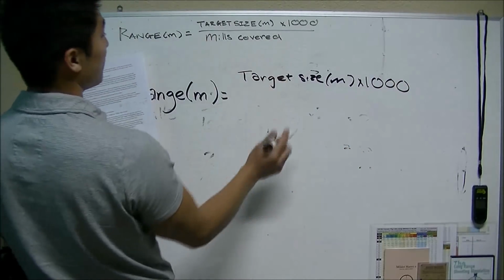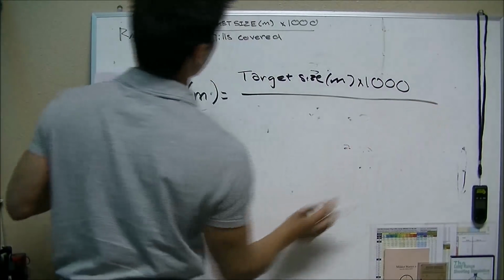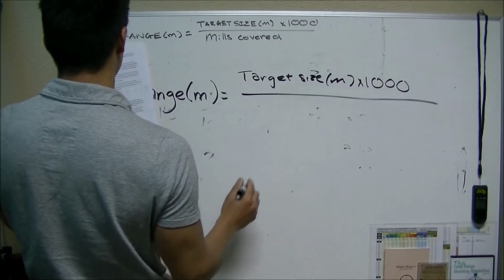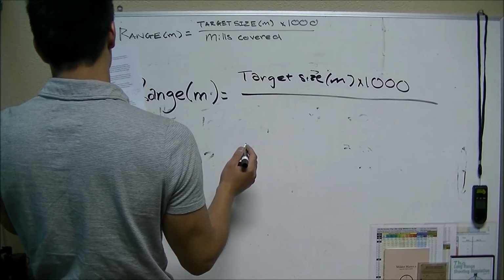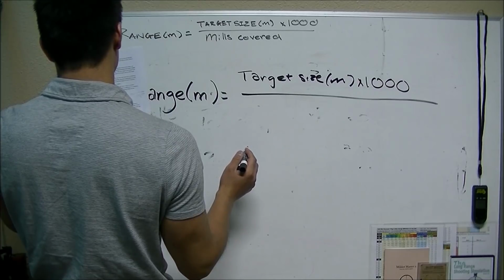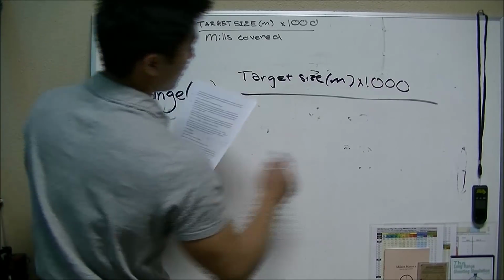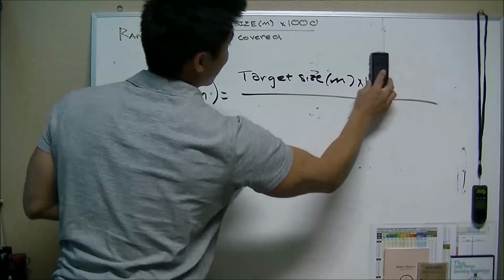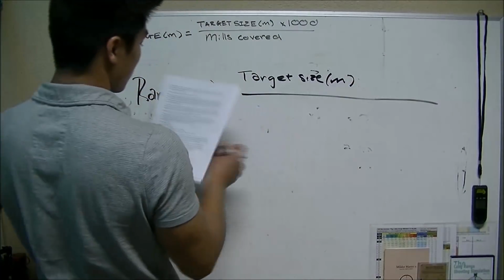Right, it's pretty much the same there, but mils covered is going to be the same as saying, oh shoot, sorry, looking at the wrong page. Okay, there we go.